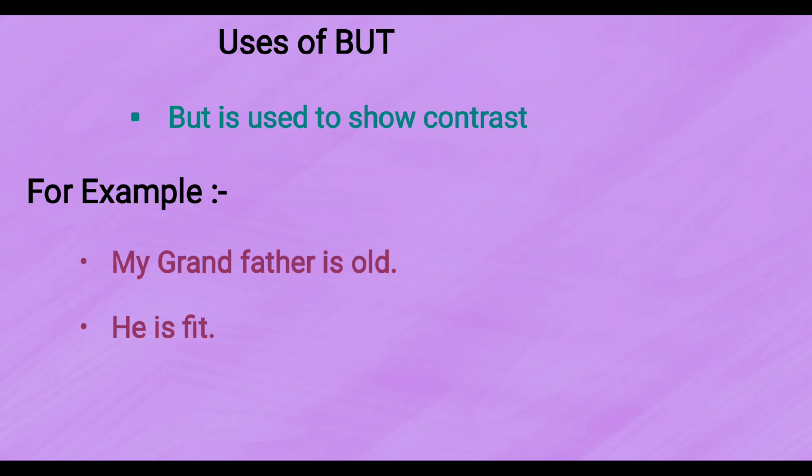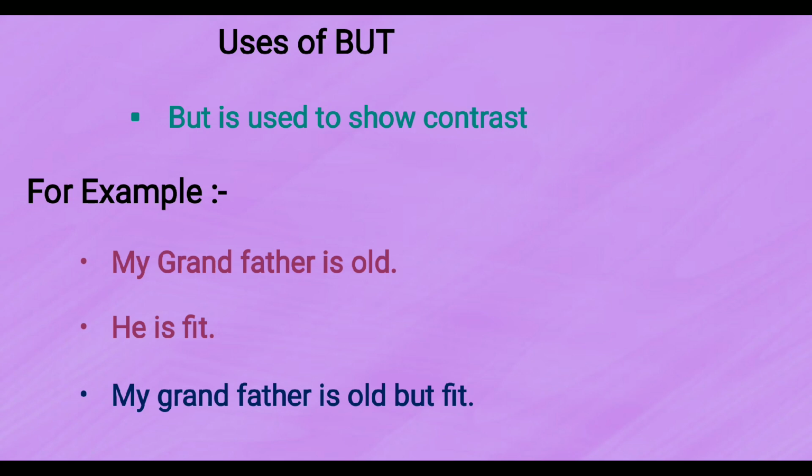So, my grandfather is old but fit. We use "but" when there is this type of contrast in the sentences. As we know, "he" refers to my grandfather, so we cannot write it again while joining with "but".